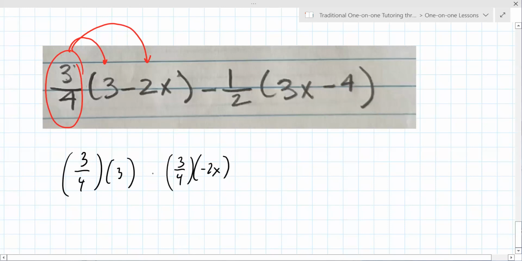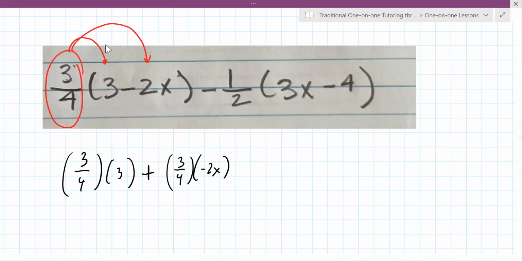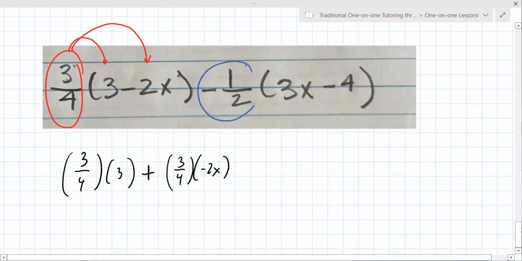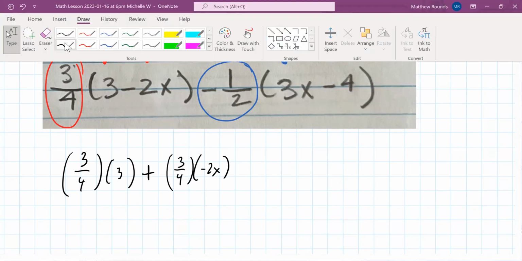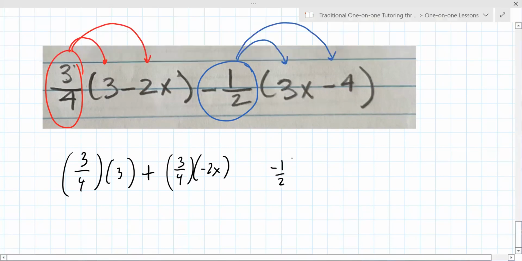Then you take the -1/2 and similarly distribute it to both terms inside there. So even though it's a fraction, you do the same process.